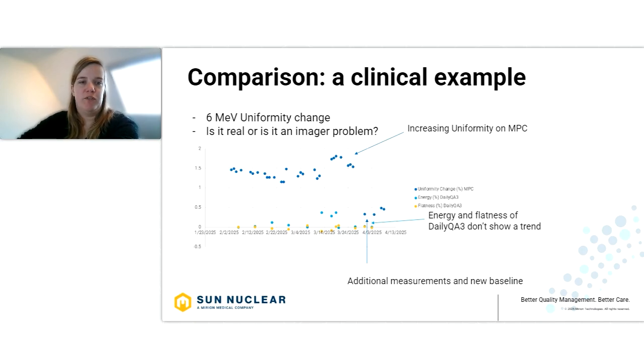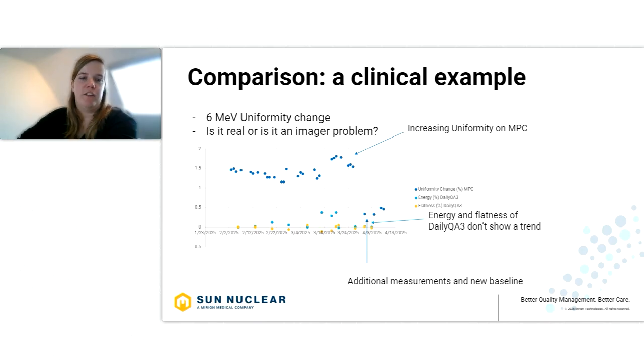This graph shows in blue the same data points from MPC as the figure on the slide before showed. And then in orange and in gray, you can see the flatness and the energy of the daily QA. This figure shows that the energy and the flatness didn't change and that only the uniformity was increasing.